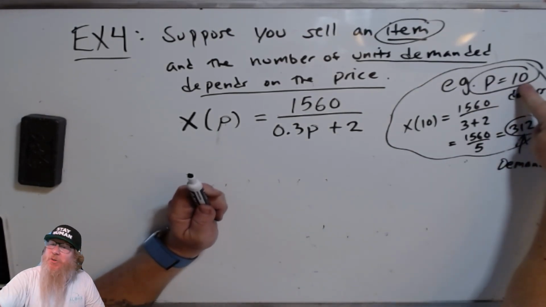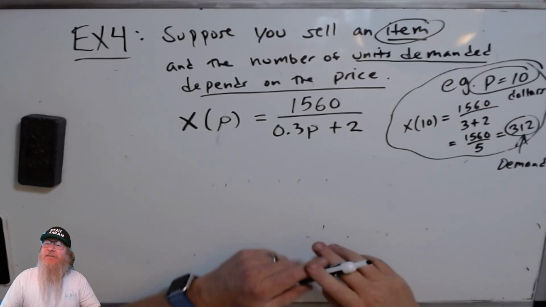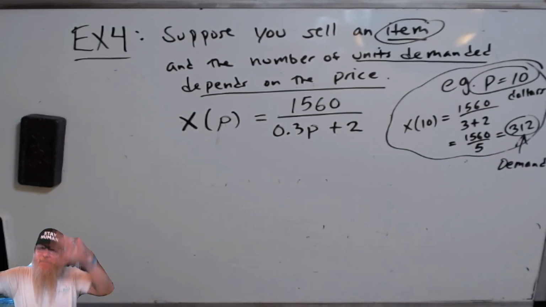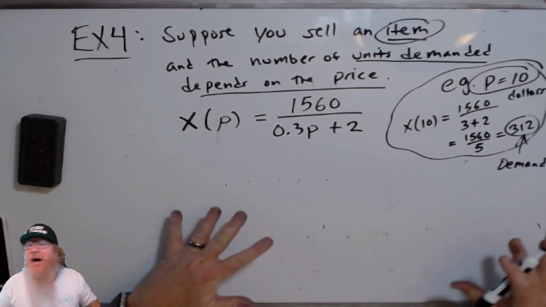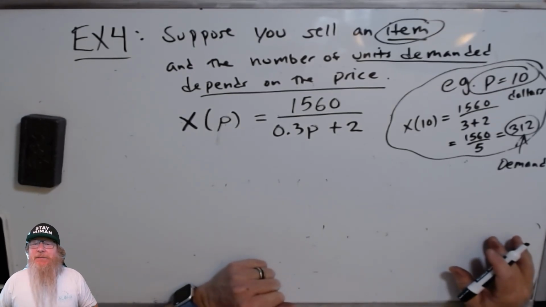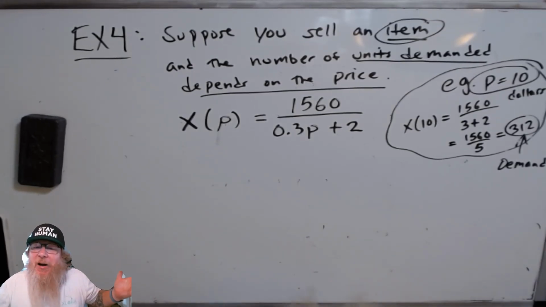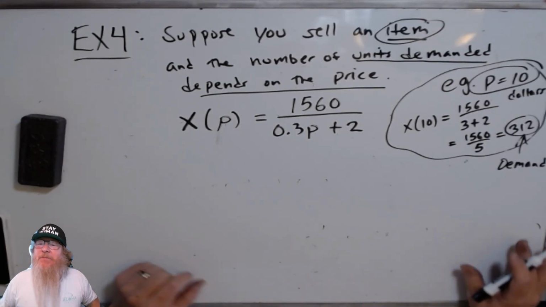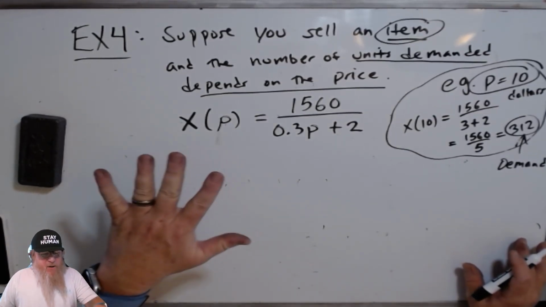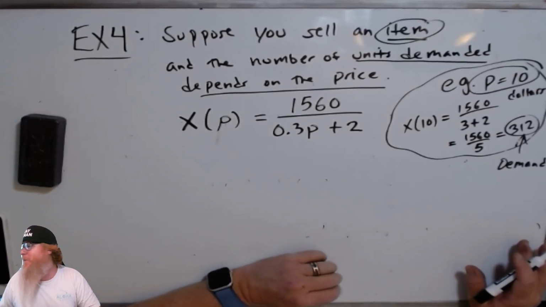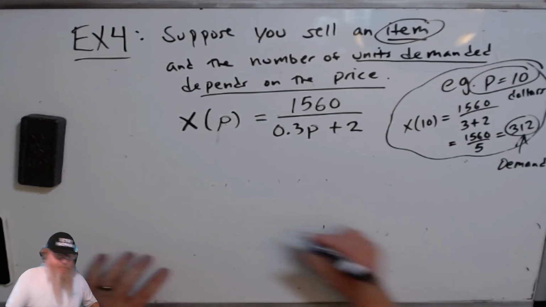If the price was $20, you would sell less, right? So as the price goes up, the demand goes down. I don't know why I keep saying that. I'm sitting here staring at the camera going, how many more times could I make that obvious? So maybe because it's new and I just want to make sure I hit the nail on the head.